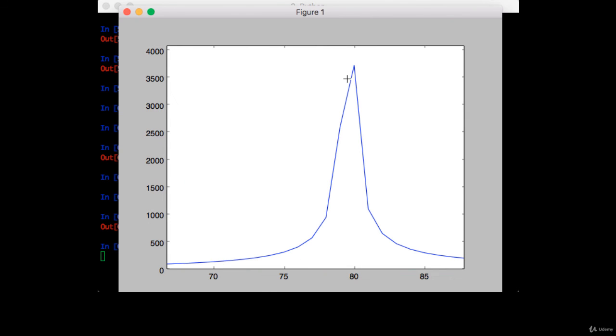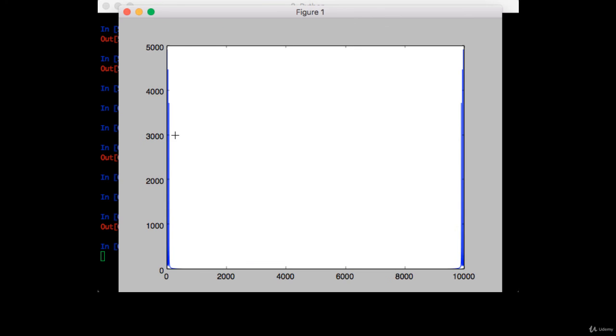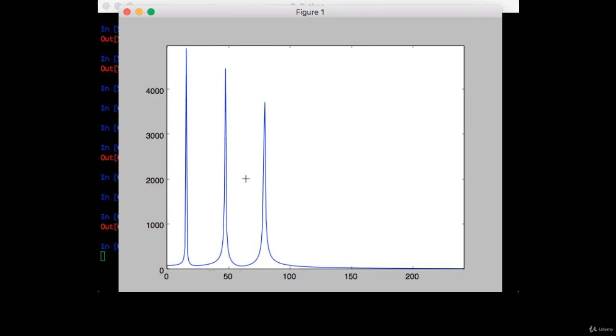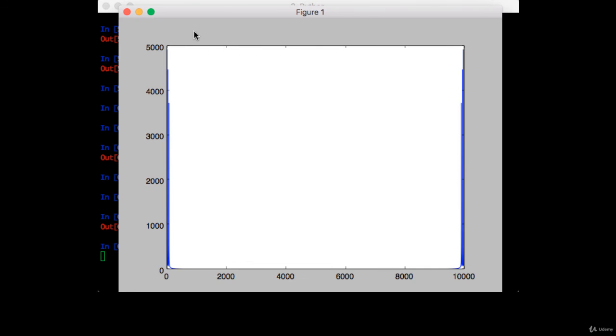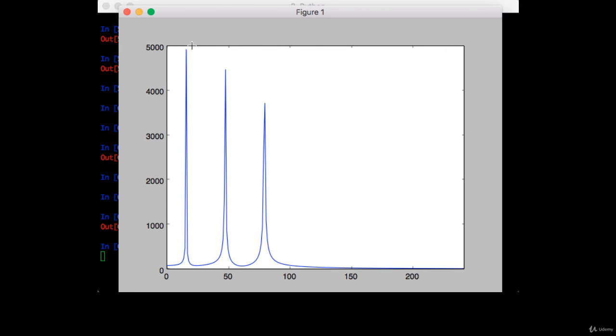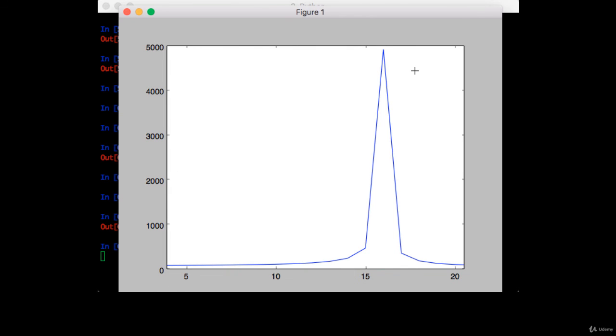This appears to be at about 80. So let's zoom back out. This one appears to be at around 48. Zoom back out. And the tall one appears to be at around 16.